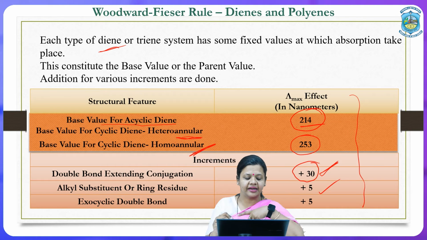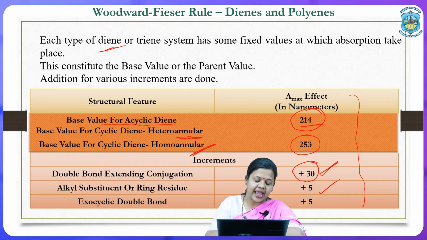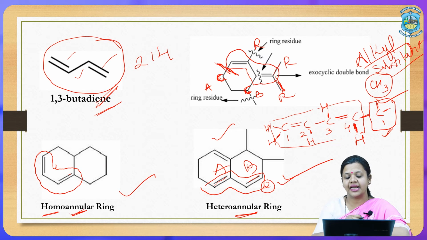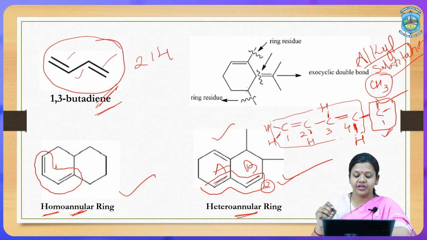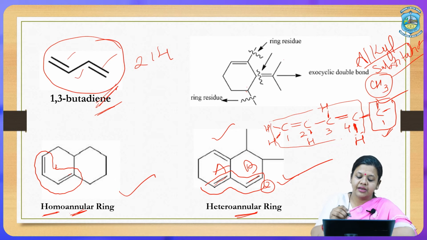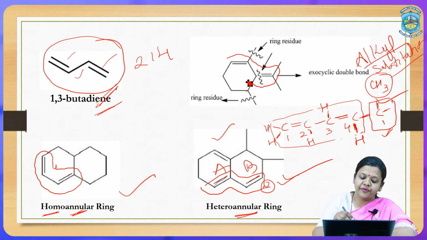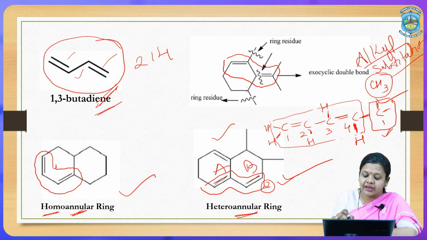Then there is a third category, the double bonds which have a special position, and it is termed an exocyclic double bond. So, what do we mean by exocyclic double bond? Let us see over here. In the structure, you may see that in the 1,3-butadiene which is being formed, a double bond is present outside the ring, and the double bond is perpendicular to the ring.